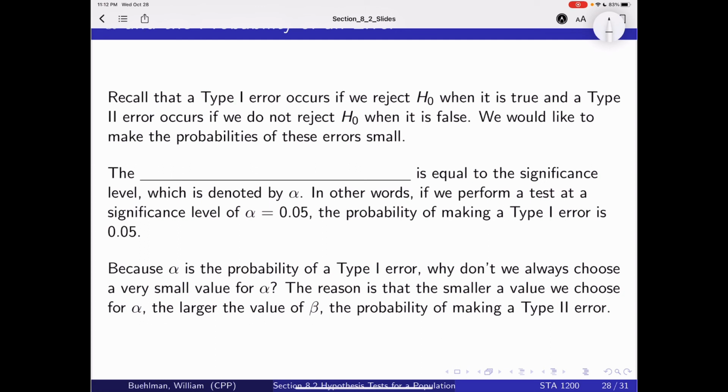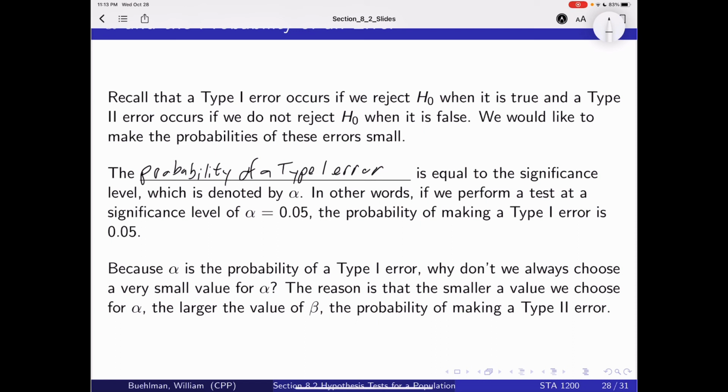The probability of a type 1 error is equal to the significance level, which is denoted by alpha. In other words, if we perform a test at a significance level of alpha equals 0.05, the probability of making a type 1 error is 0.05, or we have a 5% chance of making a type 1 error.